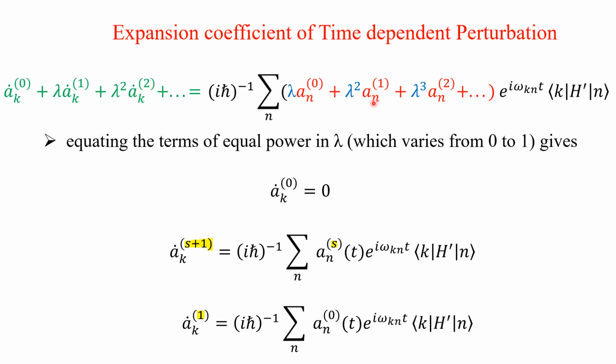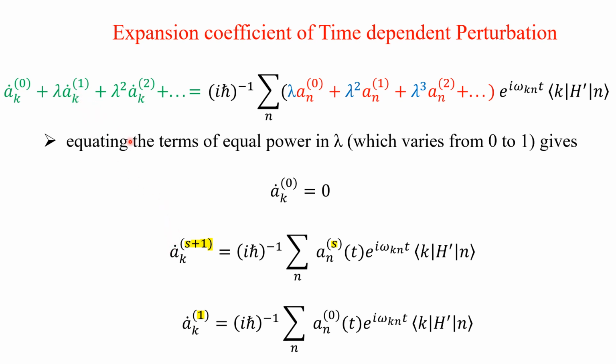So always this right hand side lags by 1. That is, ak dot 1 is equal to ak dot 0 here. Similarly, ak dot 2 is equal to this an1. So it is always 1 less on the right hand side, and the left hand side is always advanced by 1.